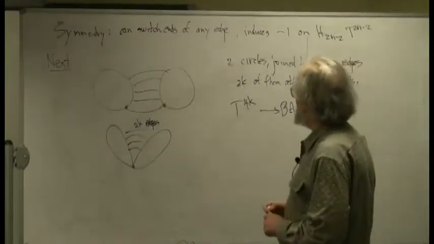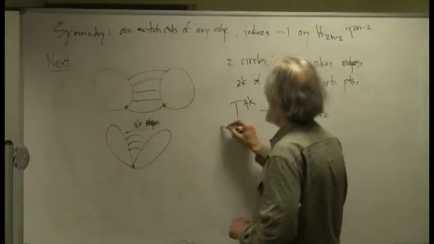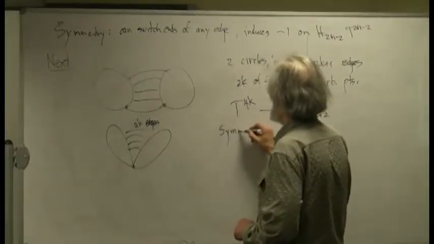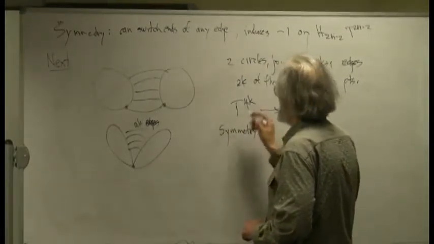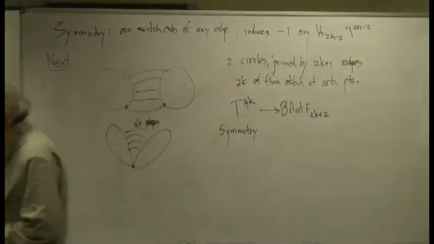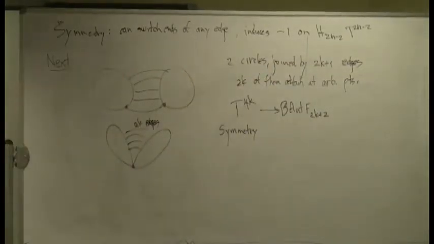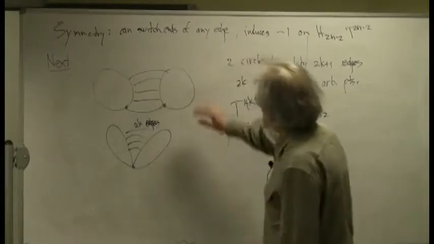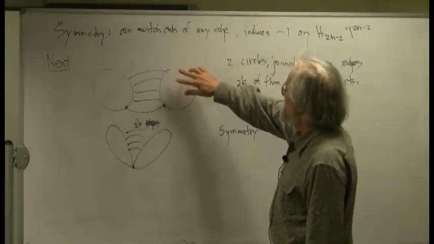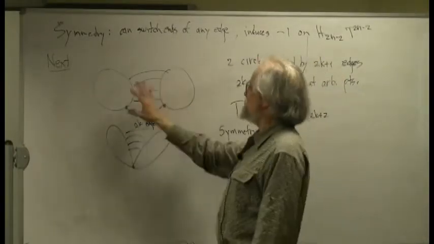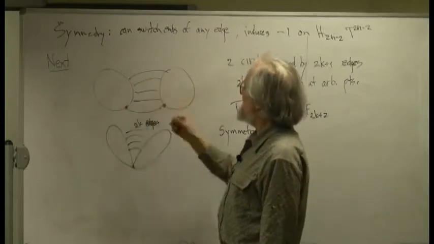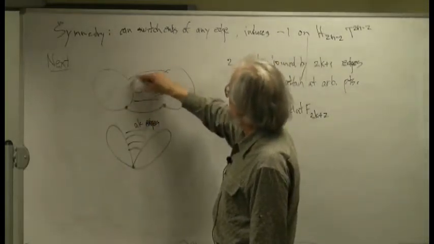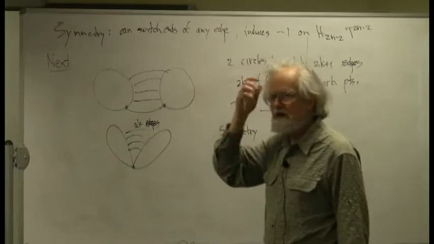So what about symmetry? Can we use a symmetry argument to say that this map is trivial on the top dimensional homology class? Well, what are the symmetries? You could switch the two circles so that the two endpoints of each edge are transposed.